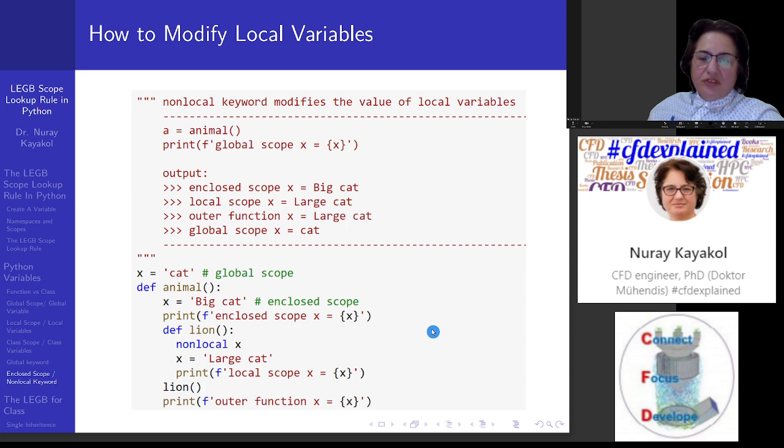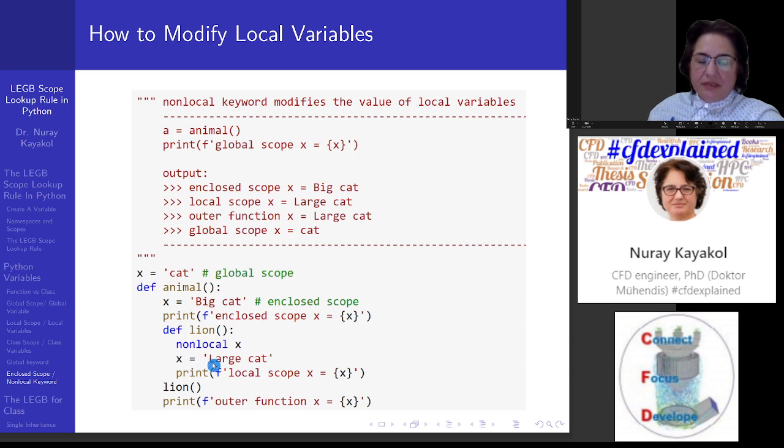If you want to change the value of an enclosed variable, you can use nonlocal x. But when you say it like this, line is the inner function, so you defined the nonlocal keyword inside of this inner function, and then you gave it a large cat.